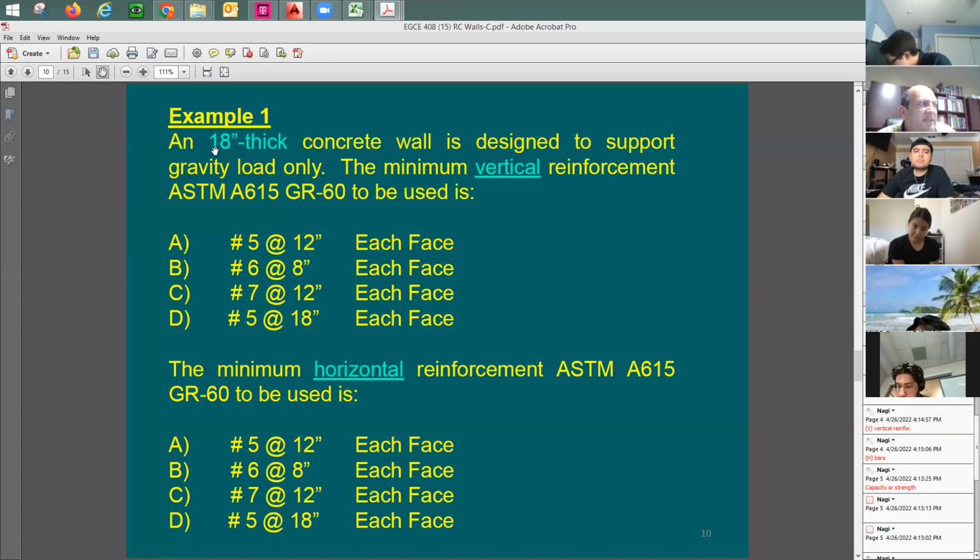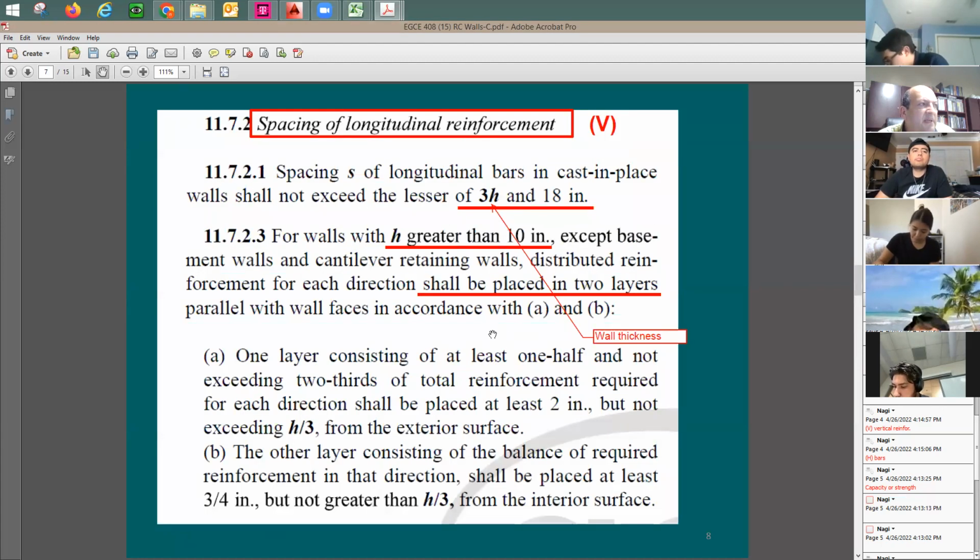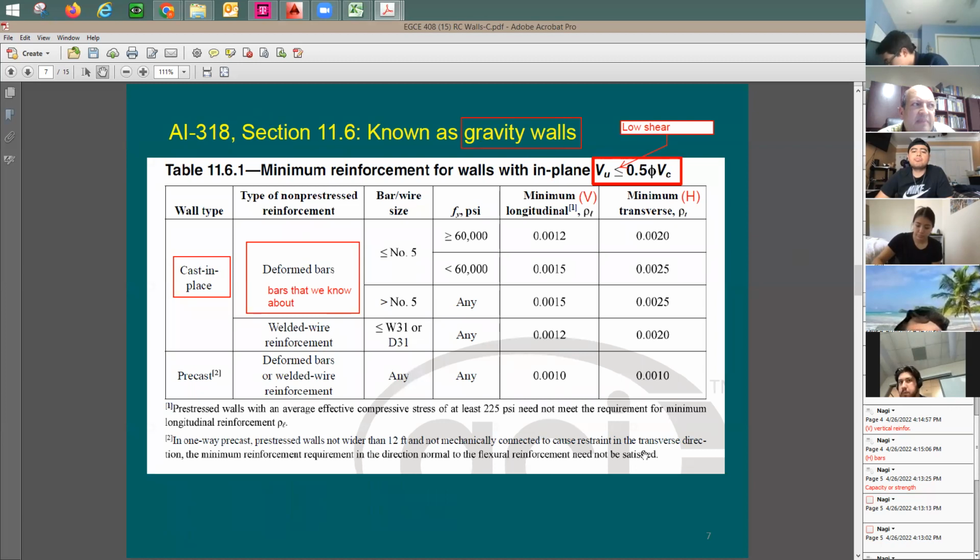Here's a thick wall. It says here 18 inch thick concrete wall designed to support gravity load only. Gravity load meaning it's going to be the minimum reinforcement, right? Did you see when I was doing the minimum reinforcement, did I check the vertical capacity like an axial load? I'm going to say no, we didn't do any axial capacity yet.